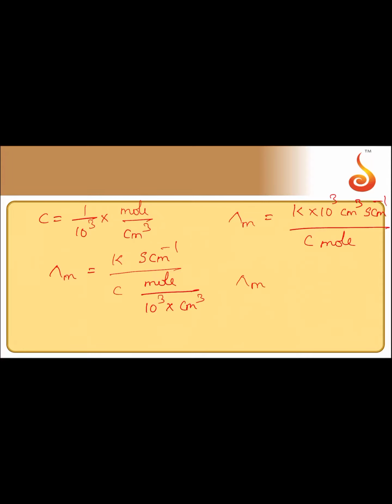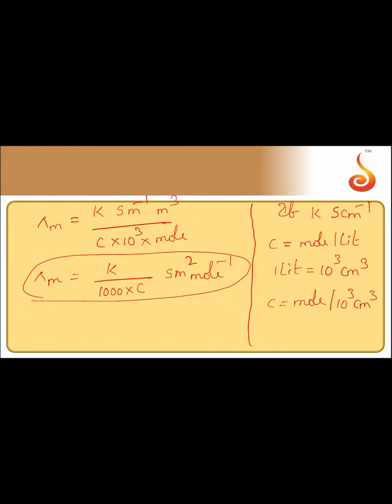Then lambda m is equal to K into 10 power 3, which is 1000, by C. Centimeter cube, centimeter minus 1, we can consider that as centimeter square and mole inverse. So if K is in Siemens centimeter inverse, then we have to take the formula to calculate the molar conductance as lambda m is equal to K into 1000 by C.